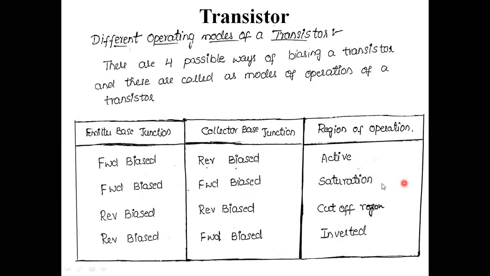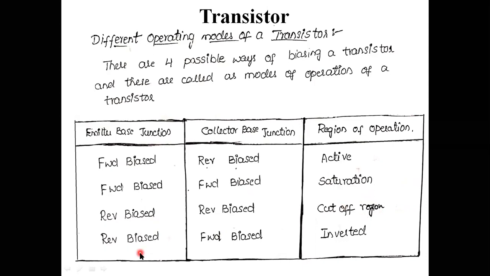In this region, the transistor is said to be in the on state, or it acts as a closed switch. And when the emitter base junction and collector base junction are both in reverse bias condition, then the transistor is in open condition, or in the off position. That region I call the cutoff region. The application is the transistor off position, or the transistor is open circuited.